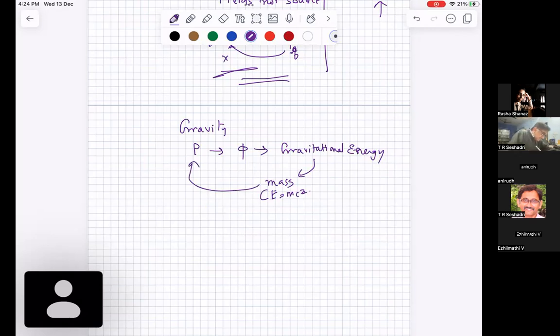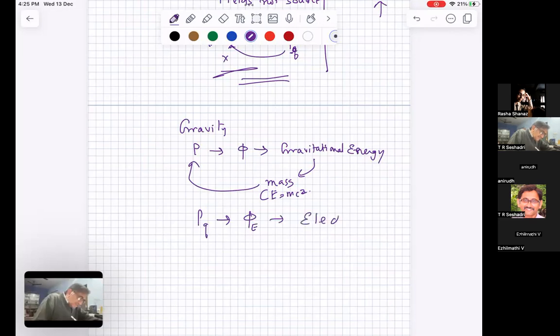In the case of charges, these produce, say, electric potential. This leads to electric potential energy. Now, this may lead to mass, but there is nothing like mass producing more charge.